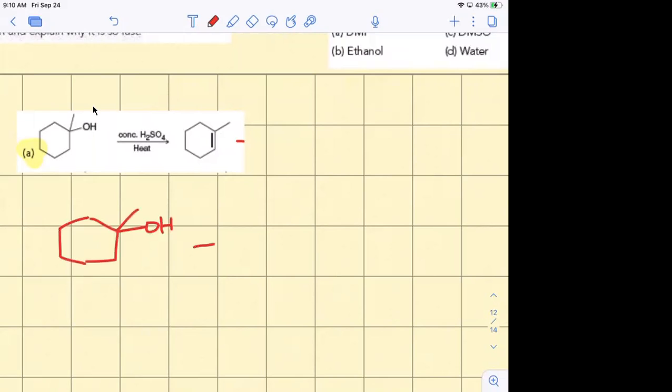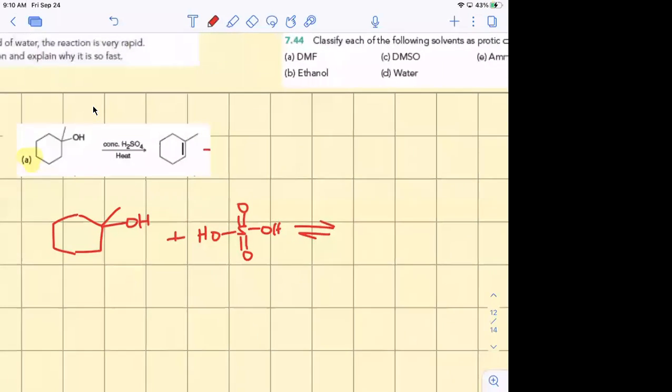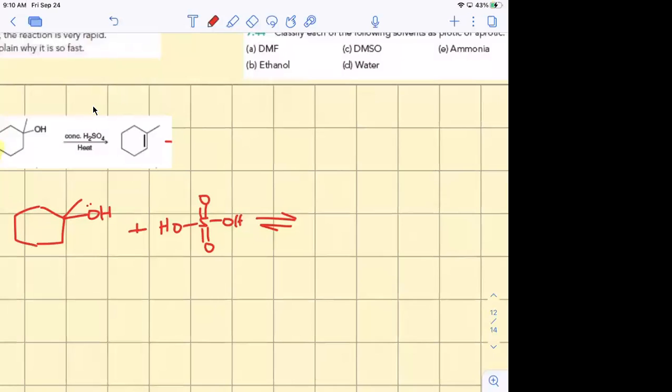What's going to happen when you put that OH in the presence of sulfuric acid? It's going to deprotonate the alpha proton. Right, you're right, it's going to do proton transfer with that acid.